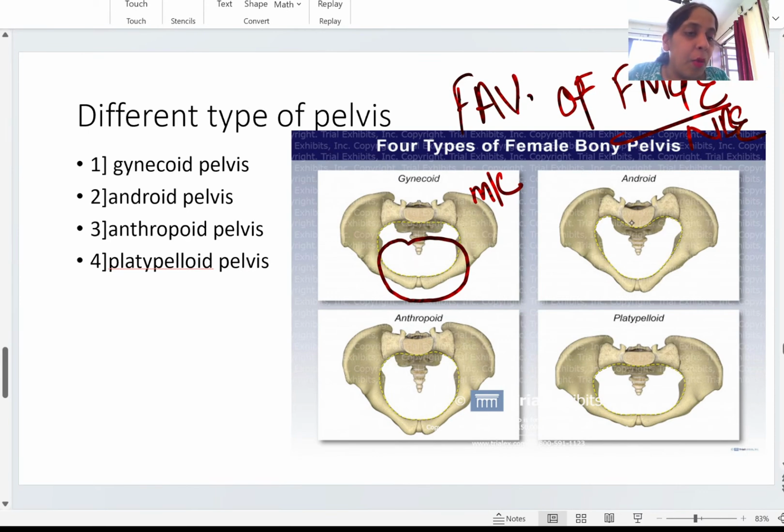What is the shape of the android pelvis? Heart shaped.